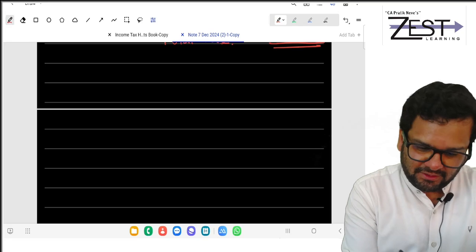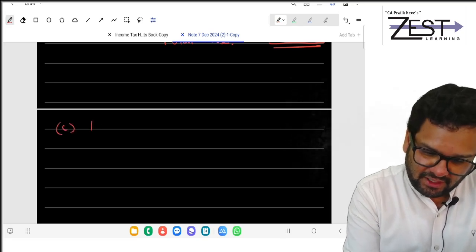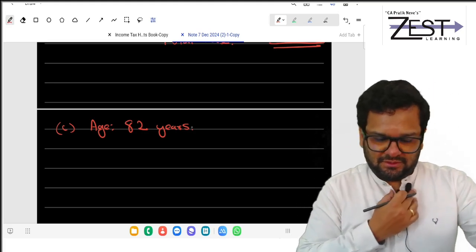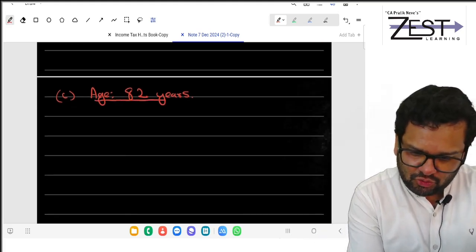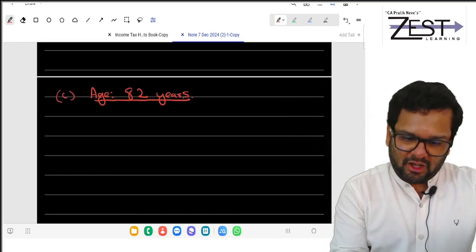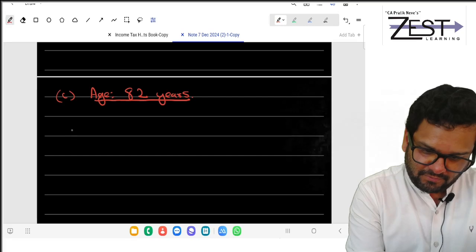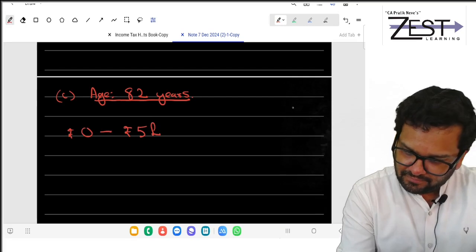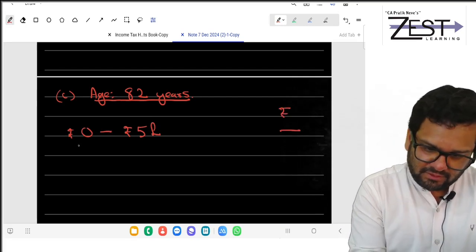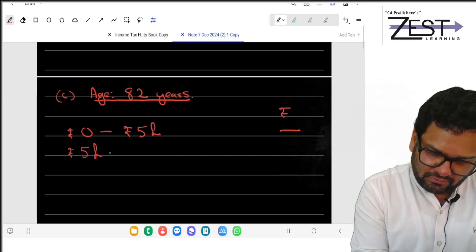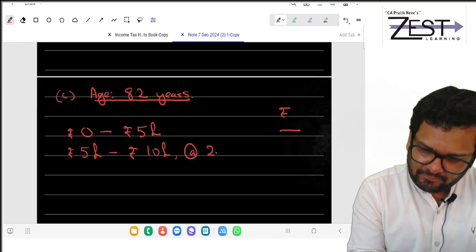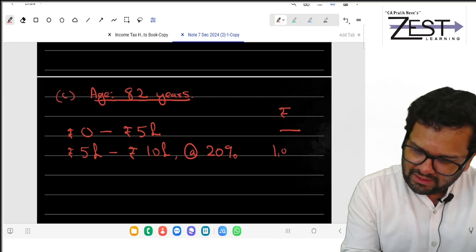All of you with me? What is the last case? Age is what? 82 years. When age is 82 years, how will you do the calculation? 0 to 5 lakhs directly, jump. 5 lakh to 10 lakh, 1 lakh.